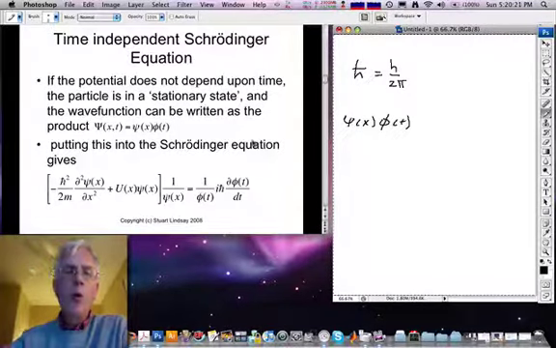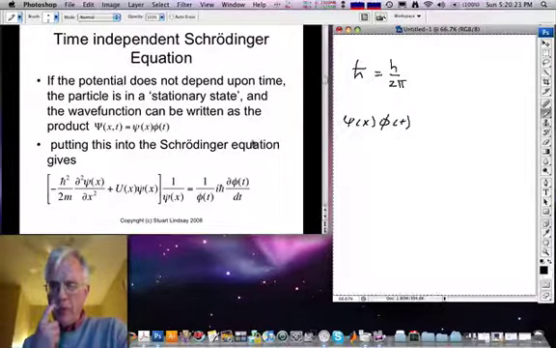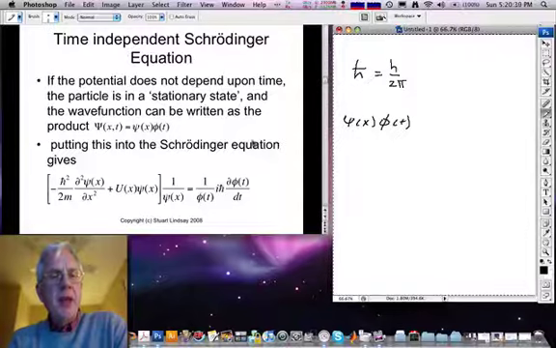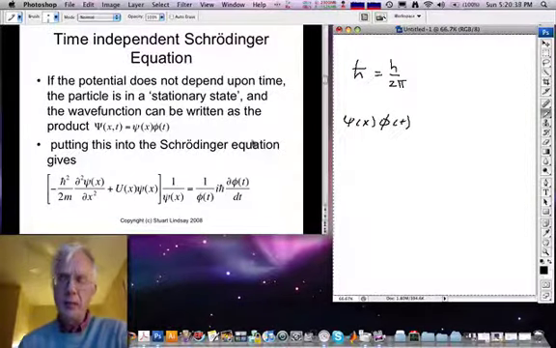There is only one way in which this statement can be generally true, and that is if the function on the left is equal to the same thing as the function on the right, and that thing does not depend on x and does not depend on t, i.e. it is a constant.